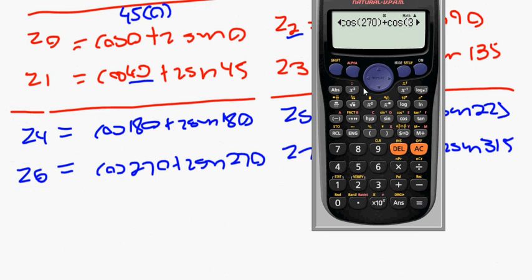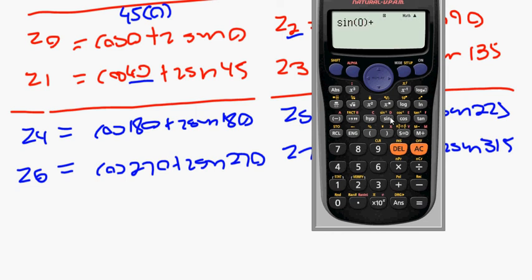So let's just do this from scratch. It's probably a lot easier just to clear it up actually. Alright, so sine 0 plus sine 45.